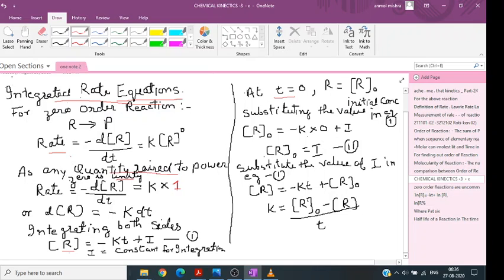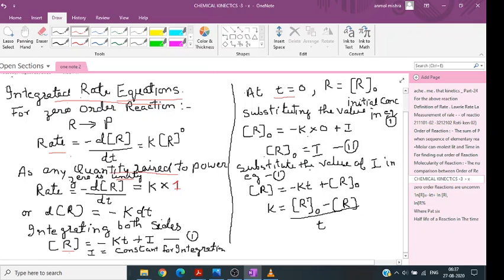Now substituting the values in equation 1, we get R is equal to minus k into 0 plus I, so this becomes 0 and I will be equal to R0.